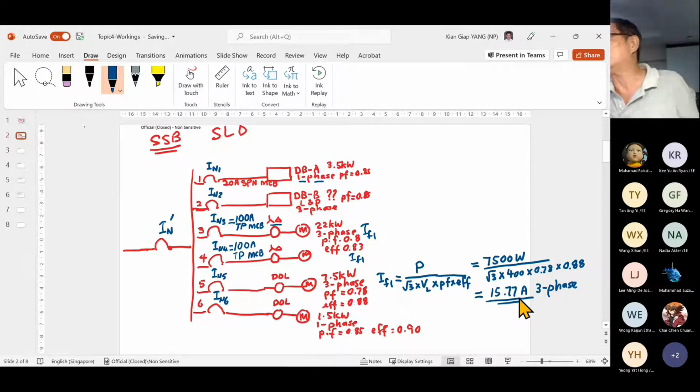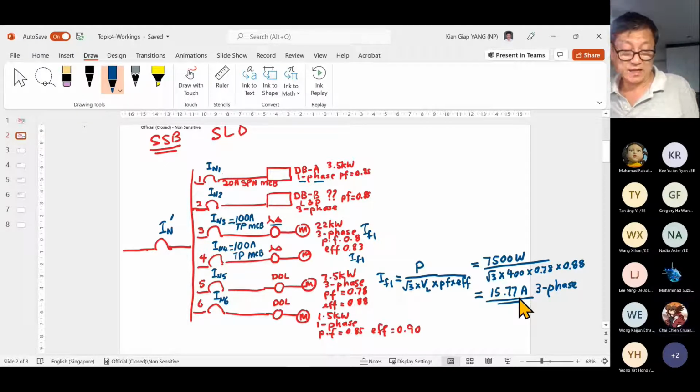Lester, your calculator, take out, please. Ryan, what is your answer? Faisal, are you back? What is your answer for this one? Same. Correct, 15.77 ampere. Yes, the answer is correct.